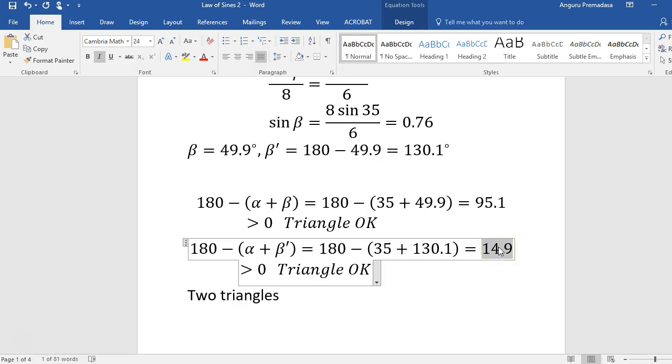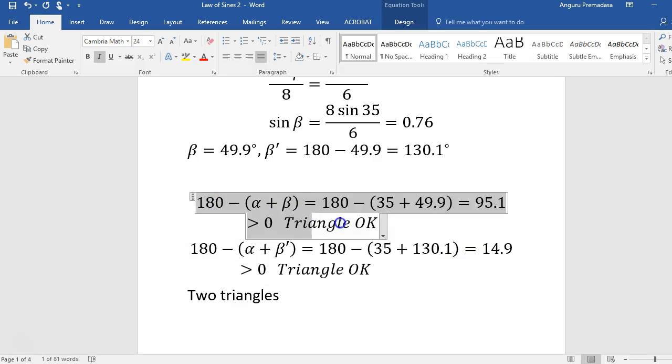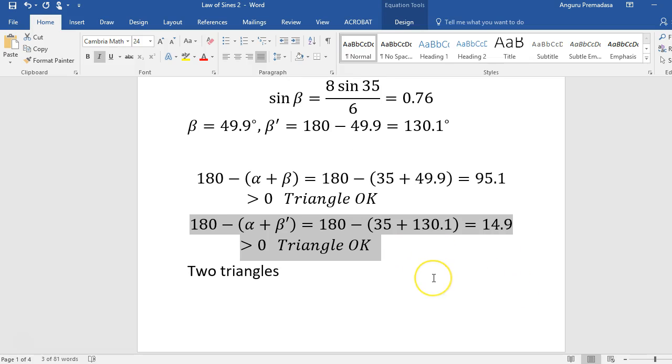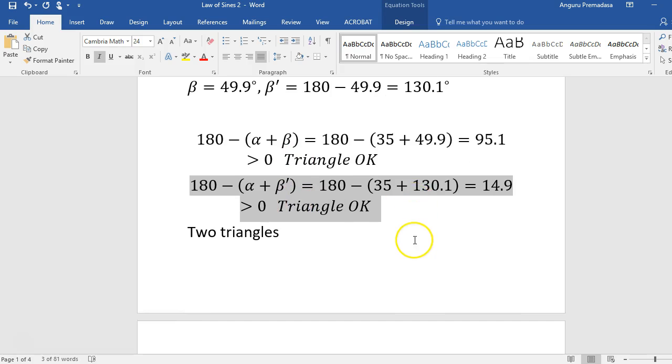This is gamma prime, and that also gives a triangle. So we get a triangle from this combination as well as from the other. That means we get two triangles. Both are positive, so that means two triangles.